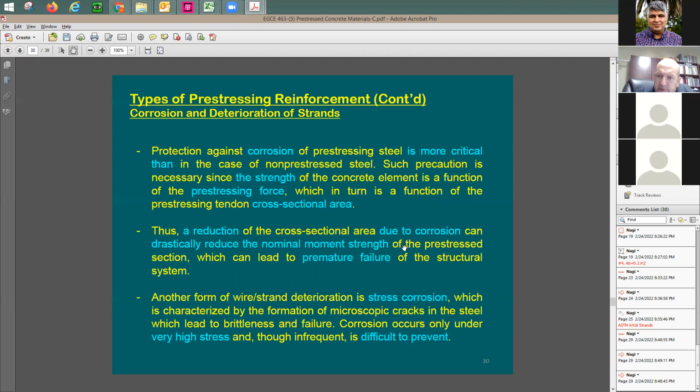You know the way that we figure out the amount of pre-stressing force. You have the strain. Once you have the strain, you figure out the stress, multiply the stress by the cross-sectional area of the strand. Now you have the force. Now, when you lose a section of the strand, it's getting smaller. When the wire is getting corroded, what's going to happen? You lose the pre-stressing force. So you cannot just leave it this way. You need to protect it.